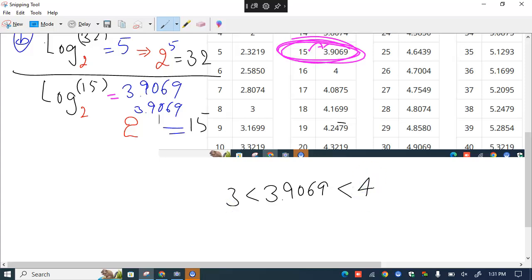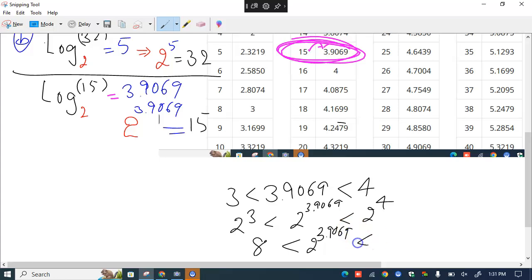So why this 3 and 4 is important is because 2 raised to 3, all of them are raised to base 2. So you can see 2 times 2 times 2 is 8.